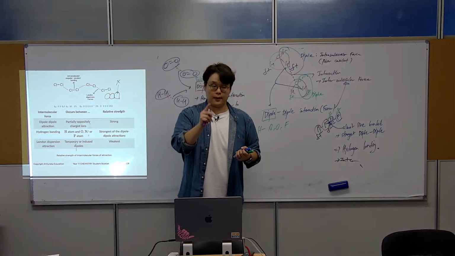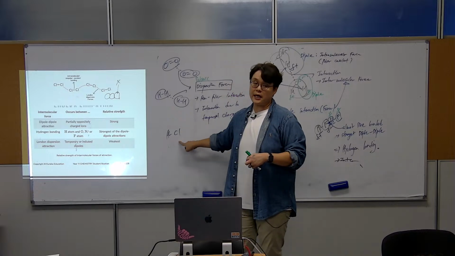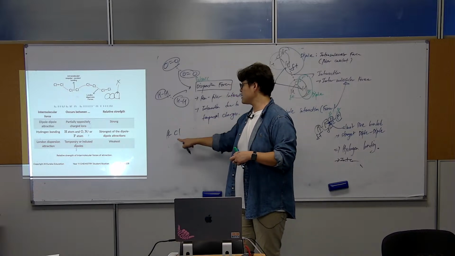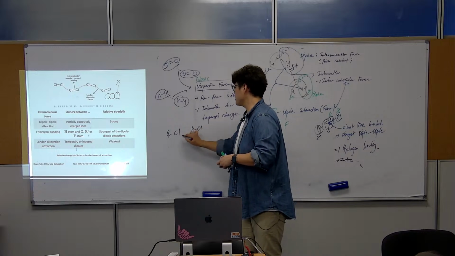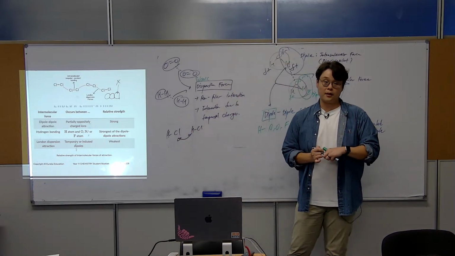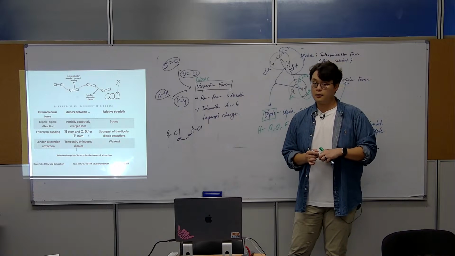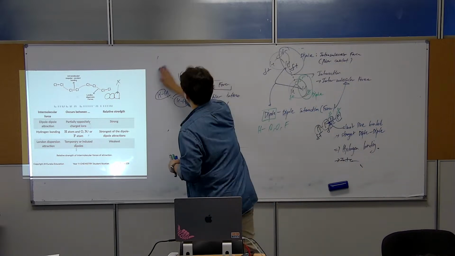Only 3. When hydrogen forms a bond with chlorine, we do not call that hydrogen bonding. Okay, this is between this and this. These 2 are interacting with each other, but they are not hydrogen bonding. Does it make sense? Okay, so quick question, quiz.